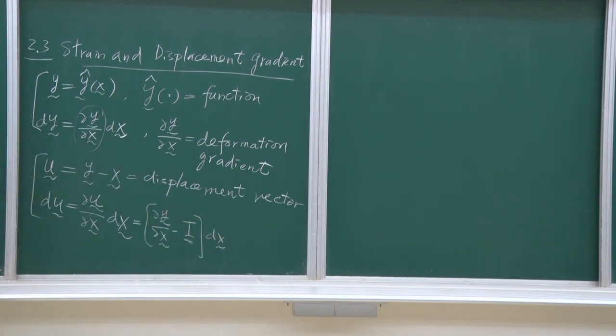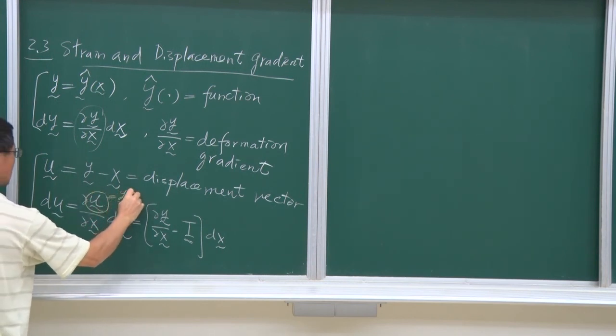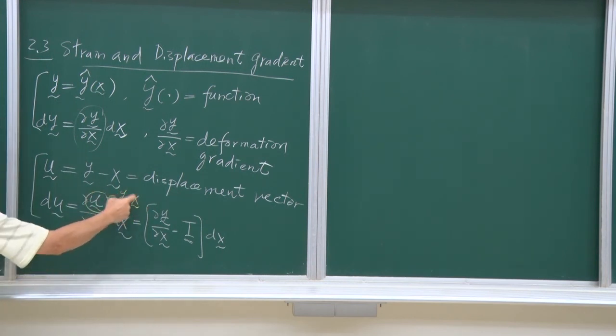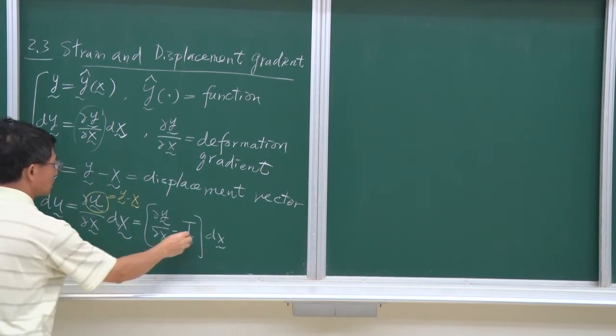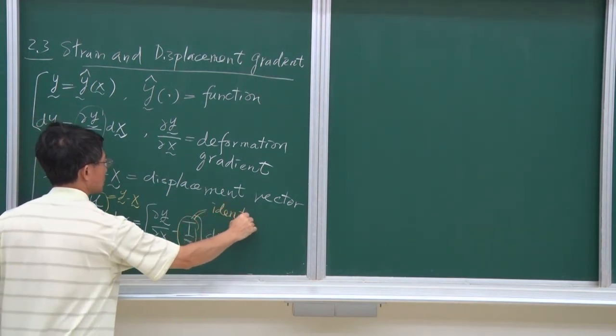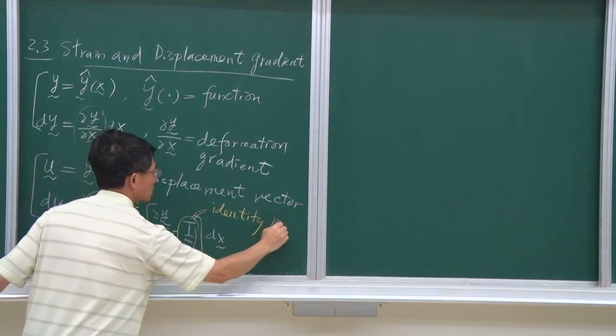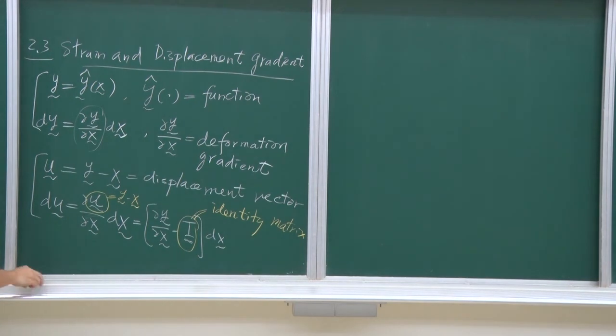Because if you take partial u partial x, when x is differentiated with respect to x, we get I. This is the identity matrix. So this is the deformation gradient, and this is the displacement gradient.